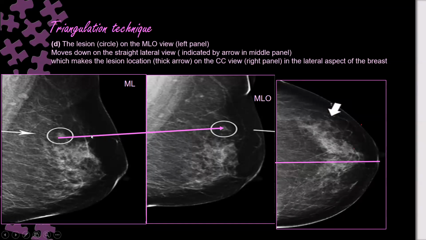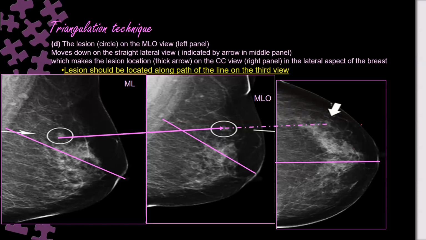So at the same line, you expect to continue with the path. It obviously moves down. Can you see? Here we complete the path, and that is a lesion on the lateral side.